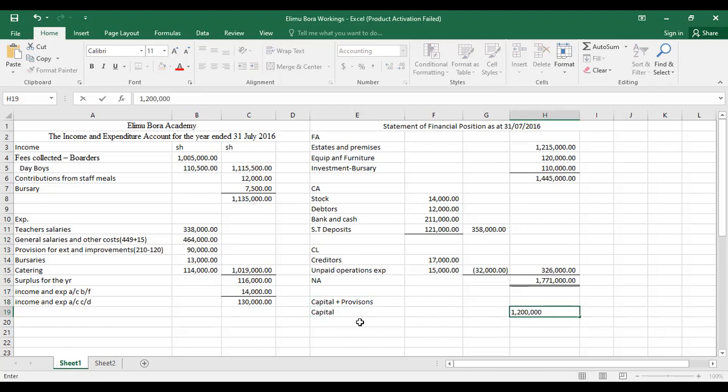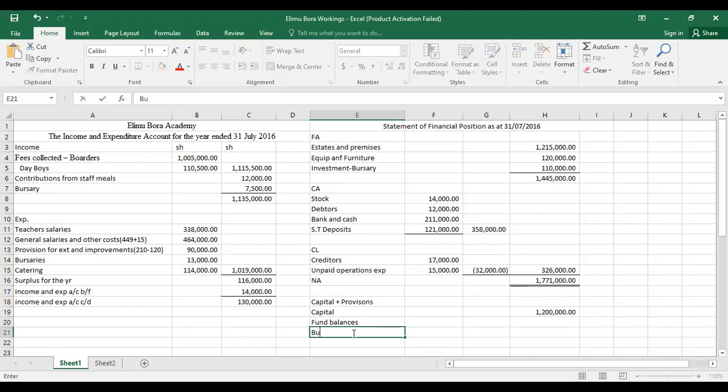Then I add any other balances that we had. So we had the fund balances, we had the building fund and the bursary fund, isn't it? Let me annotate them under a subheading, fund balances, so that I classify them.